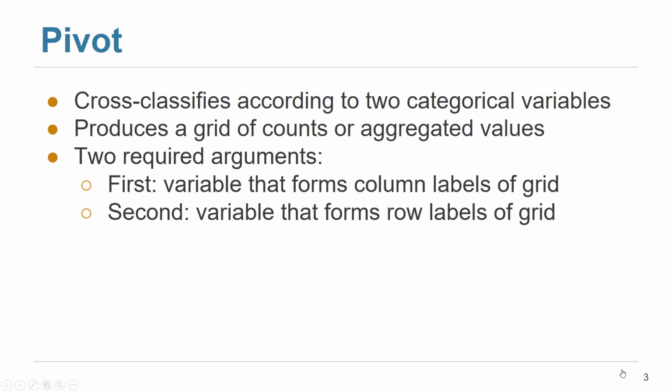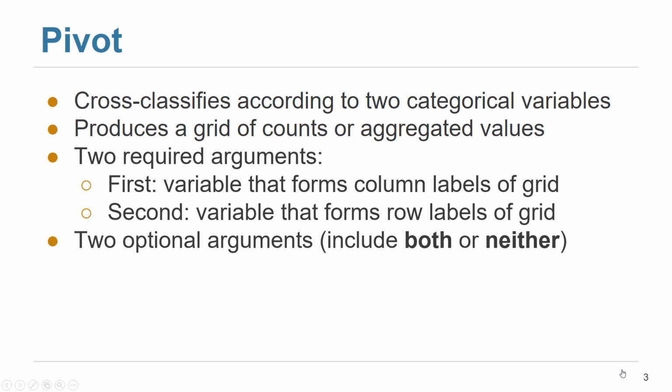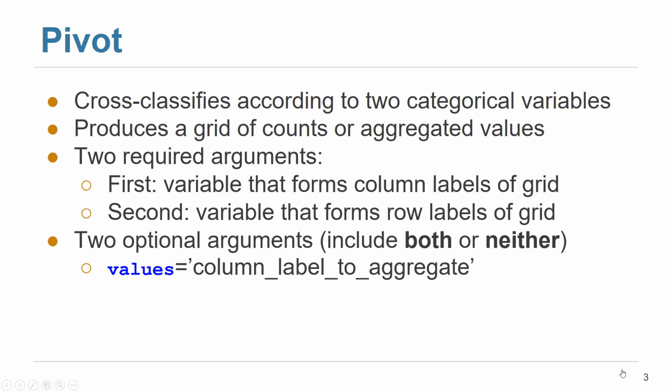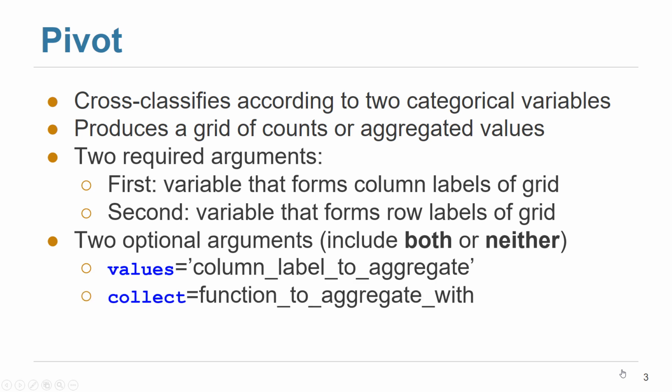But if we give these two arguments, then we will say what we want to present and how. We want to present the values on a third column, and here is how we will aggregate the values. So either we give these two optional arguments, or we give none of them. The column to aggregate and the function to aggregate with. What we want to show and how we will show it.